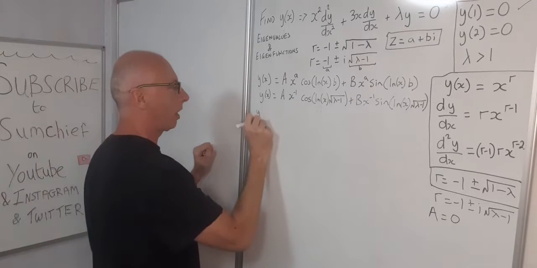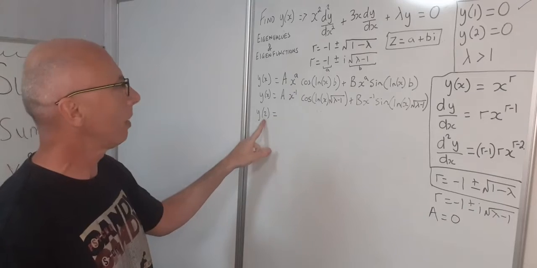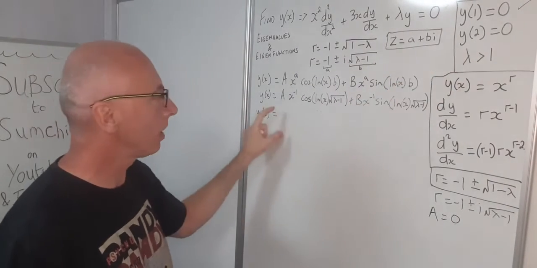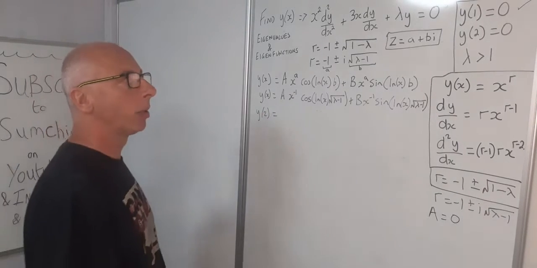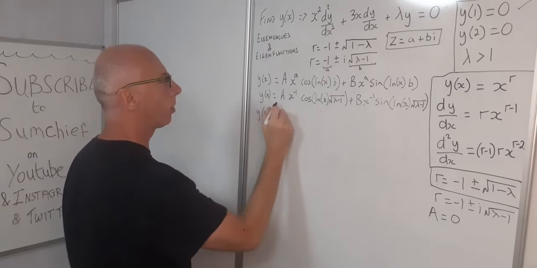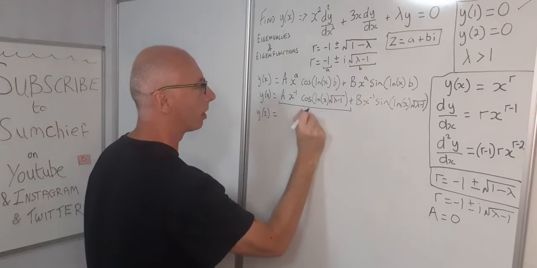So now we've got y of 2. Wherever we see an x, we're going to plug in a 2, and then we're going to set it to equal 0. But in the previous part, we solved that a is 0, so all of this term here is also going to be 0.